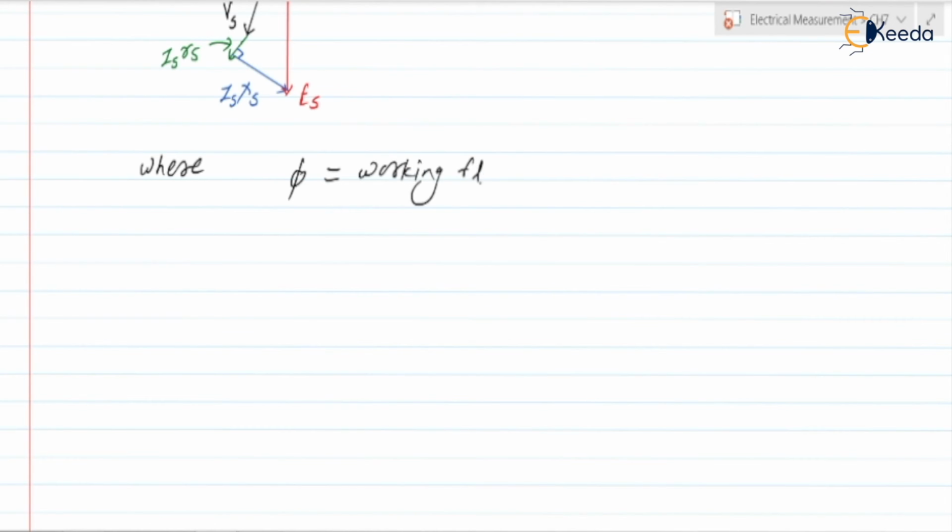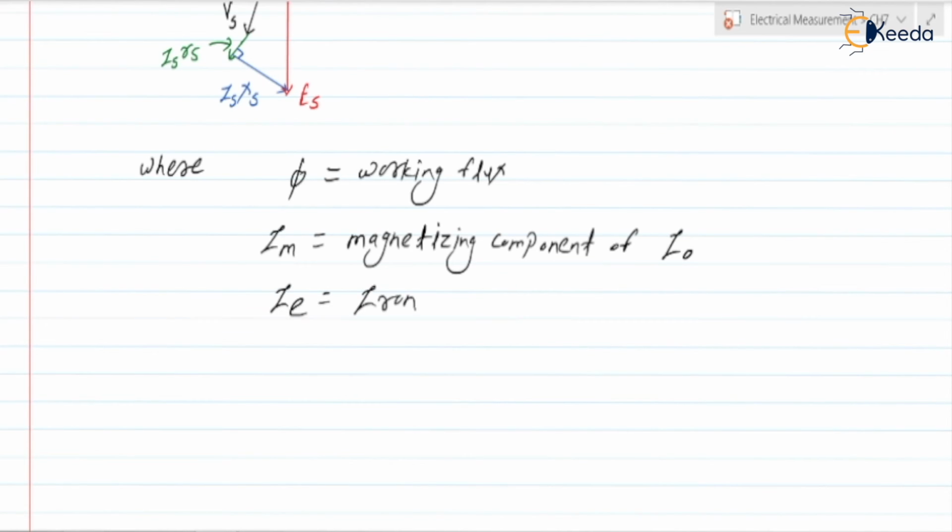Next, Im is the magnetizing component of no load current I0. IE is the iron loss component or core loss component of I0. Okay, it is the IE. I0 is the no load current or exciting current.